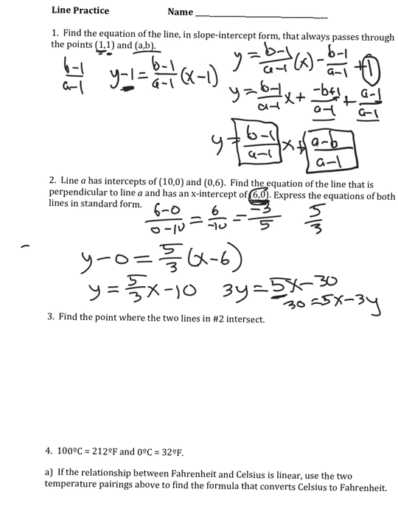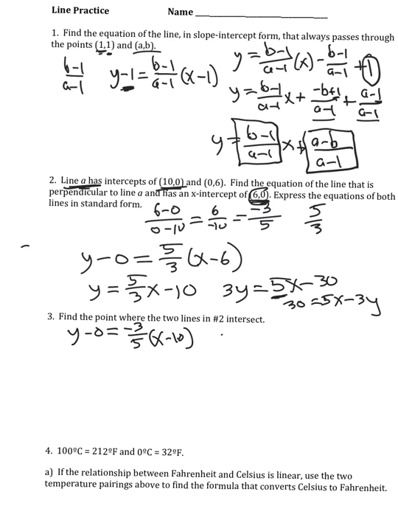Okay, so we want to find where these two lines intersect. So that means we have to now completely find our line A equation. And so we already know its slope is negative 3/5. So we'll plug in this point here into point-slope form. y minus 0 equals negative 3/5 times x minus 10.